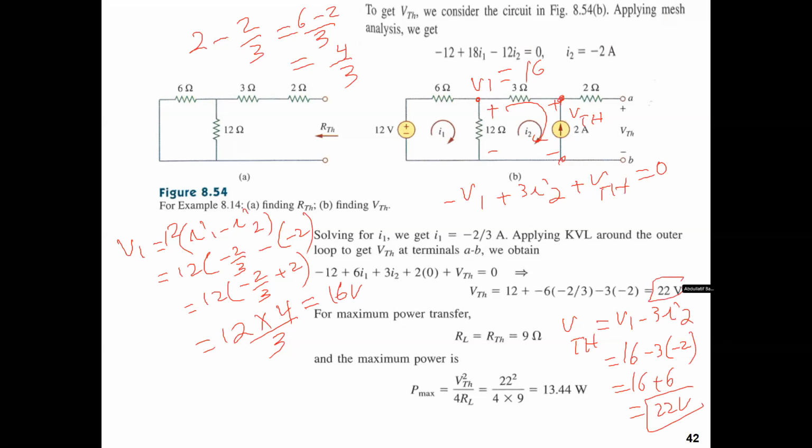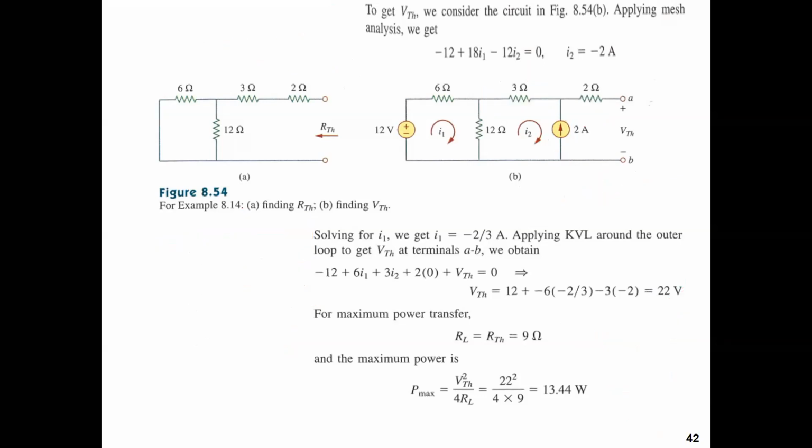Now the book uses this loop here. It will be minus 12 plus 6I1 plus 3I2 plus 2 times 0, because no current flows here.